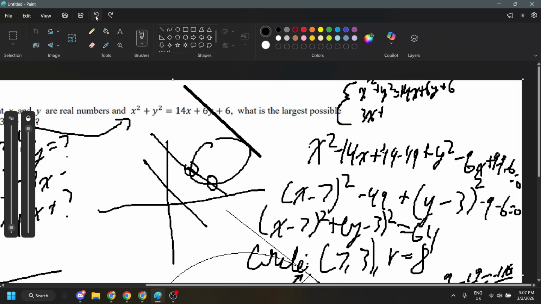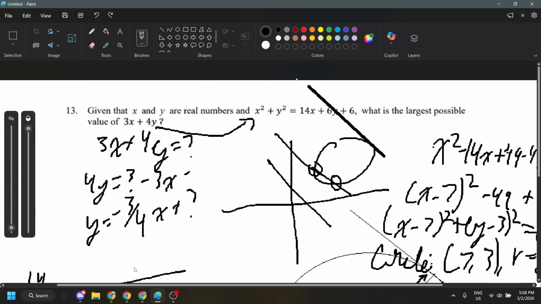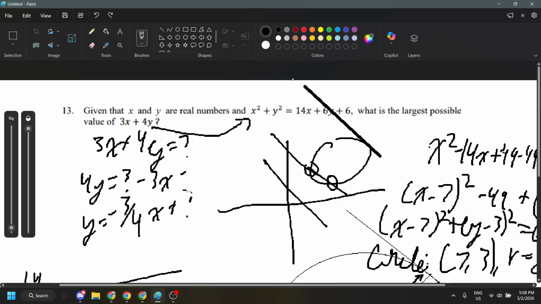Okay, well, y is going to be equal to negative 3/4 x plus some m here.